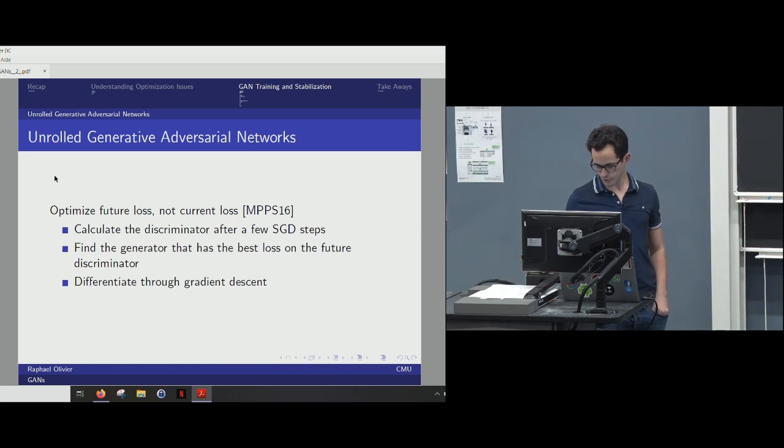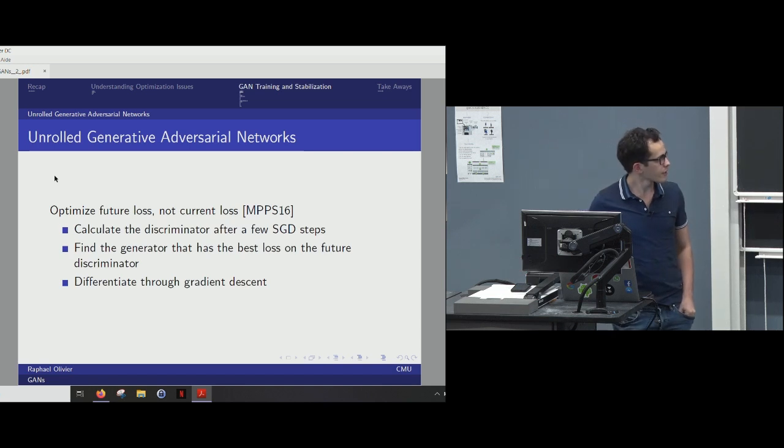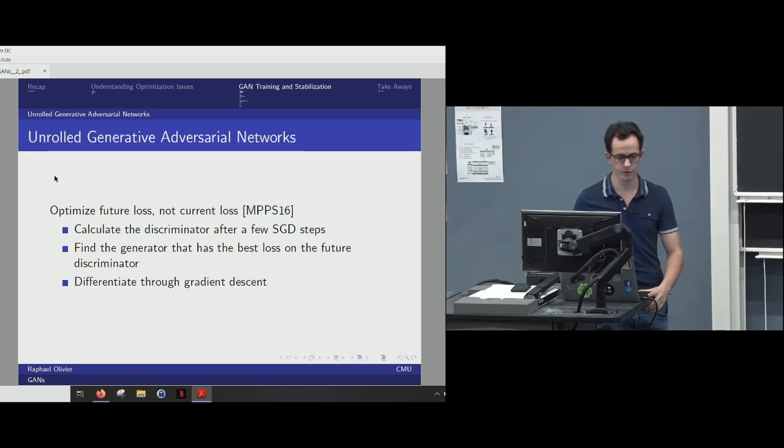So the first thing people have been thinking of is how to make the whole process a bit less greedy. The entire problems that we mentioned come from the fact that the generator is trying to fool the discriminator as it is now, but that might not work at all for the optimal discriminator. So you're taking greedy decisions that might lead you in a completely wrong direction because of the blinders that the generator has.